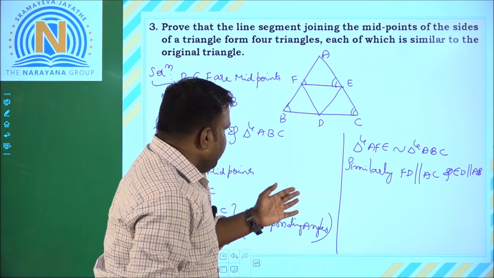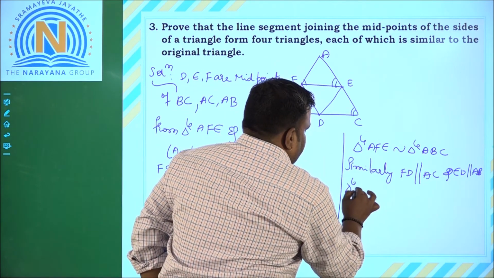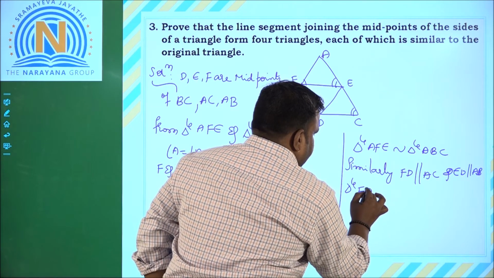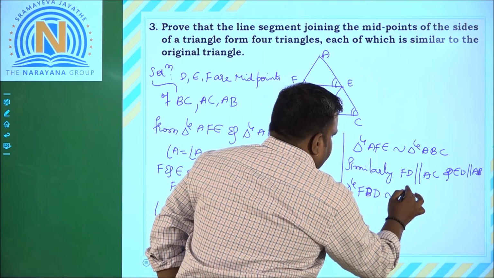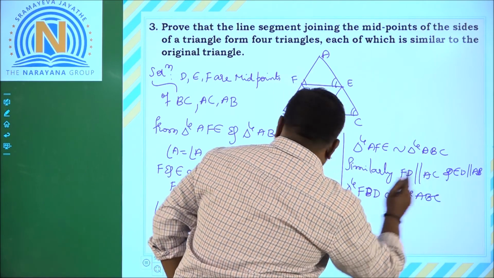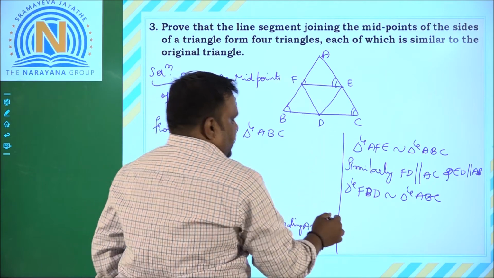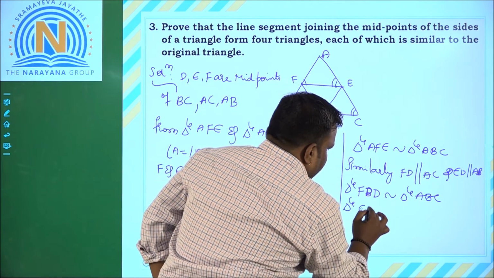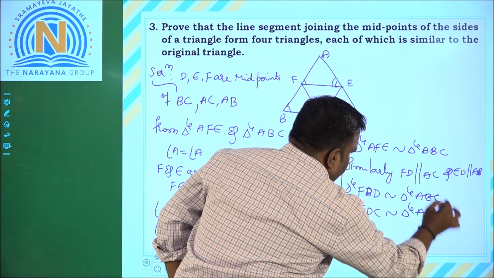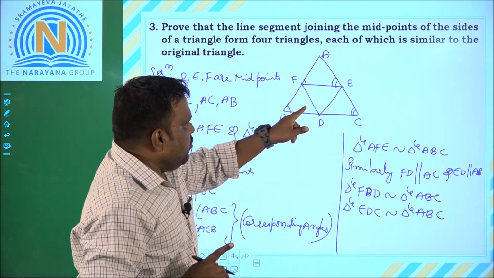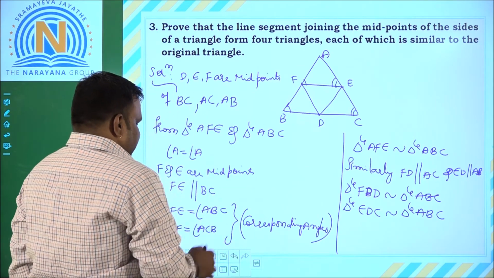Again, we can prove the respective triangles. That means we can prove triangle FBD is similar to triangle ABC, the same way of proving it. And even we can prove that triangle EDC is similar to triangle ABC. One more thing left is we have to prove triangle DEF is similar to triangle ABC. If we can prove that, that is done.